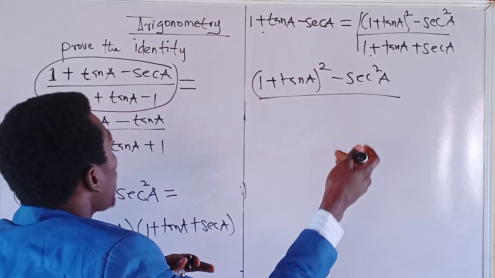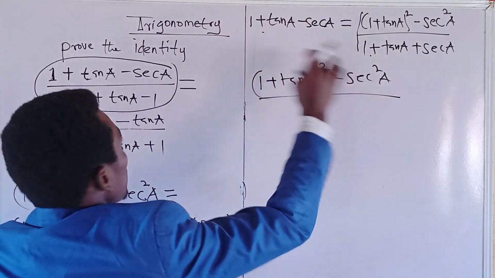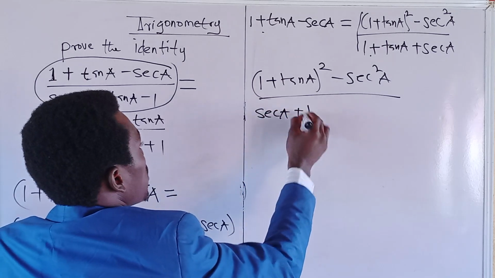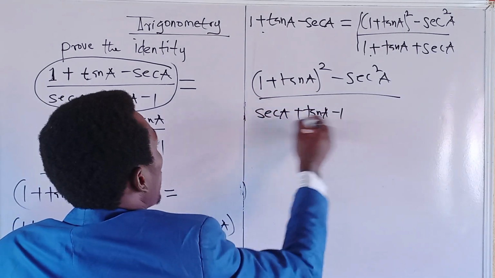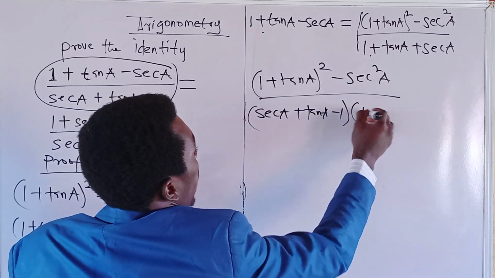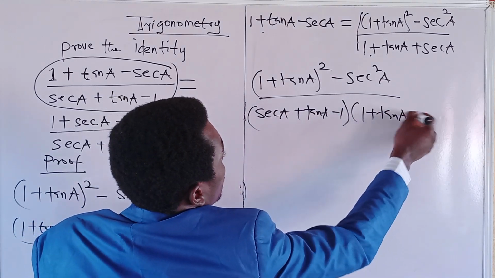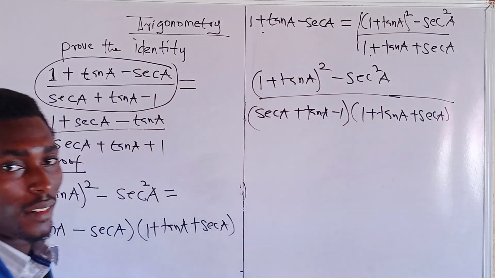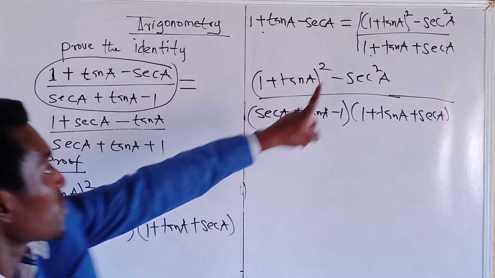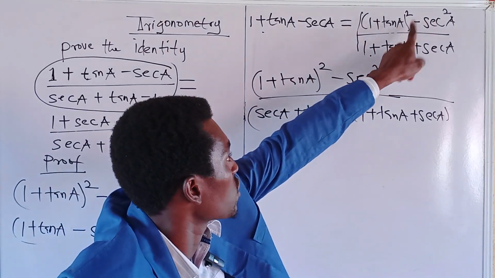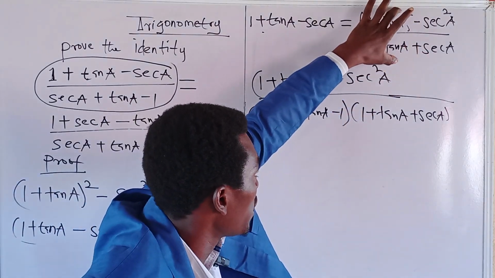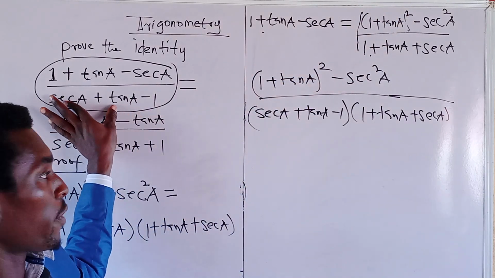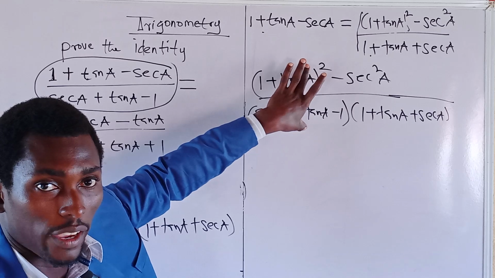But by normal algebraic process, this expression can be written as secant of A plus tangent of A minus 1 multiplied by 1 plus tan of A plus secant of A. Can you see that? So if this entire expression is divided by this denominator, the resulting expression should be this.